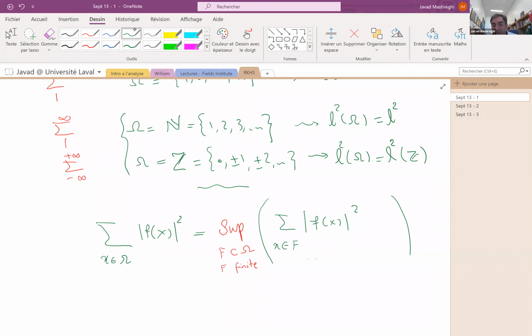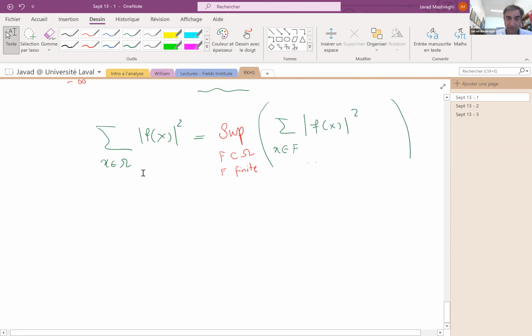So that's the definition of that summation. At the end of the day, there is an interesting phenomenon here. You can show that when this quantity is finite, so I leave it as an exercise.